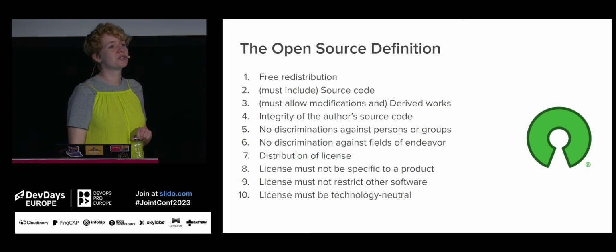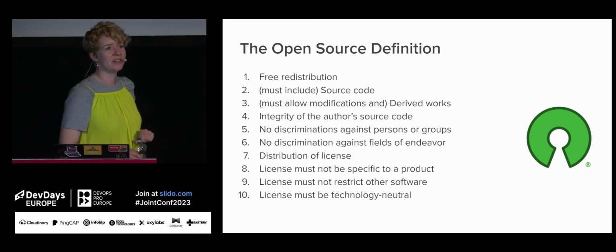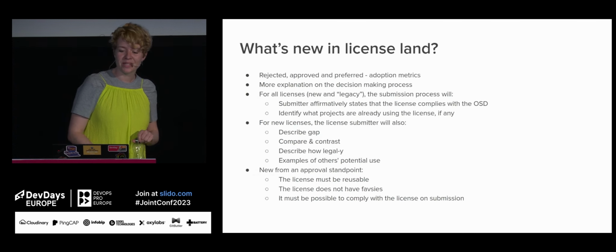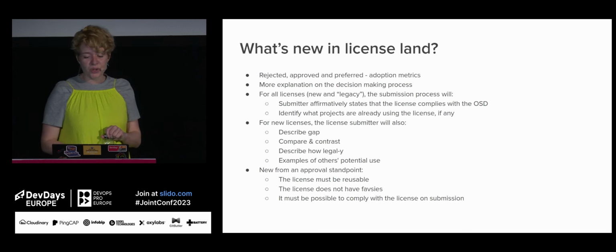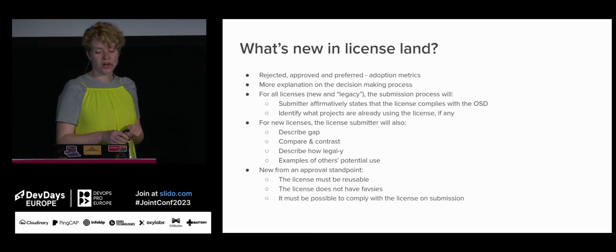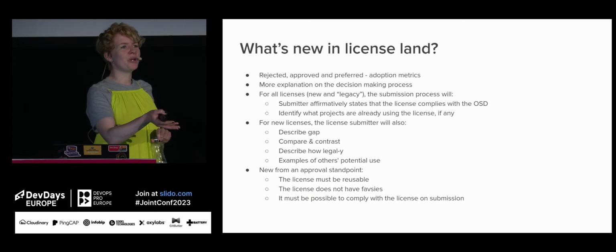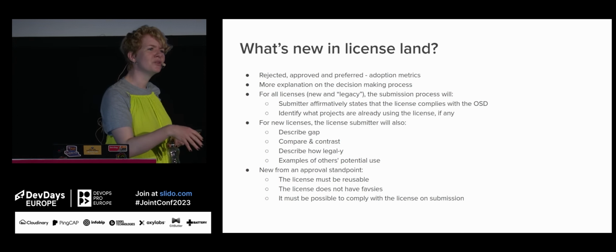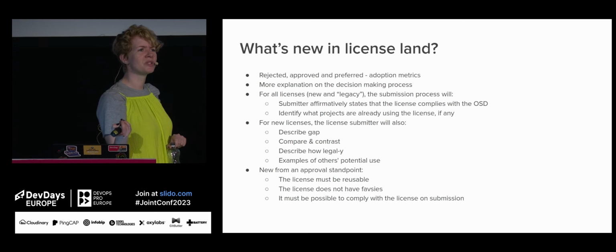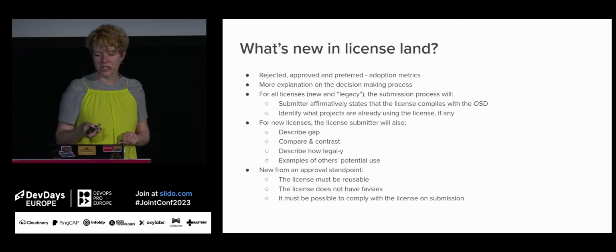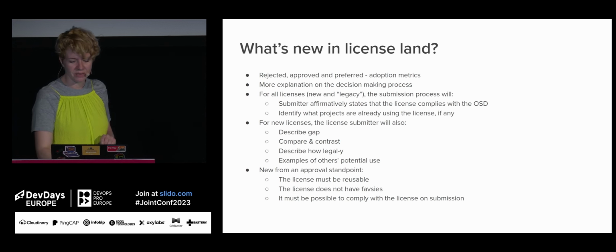Because he said those are the ones that normally trip people up, literally used those words. All right, and also to identify what projects are already using a license, if any, which at that point, someone in the audience was like, but if they're using a license before it's approved by the OSI, isn't that sort of like putting the cart in front of the horse? Like, that doesn't make a lot of sense, which, well, interesting discussion.